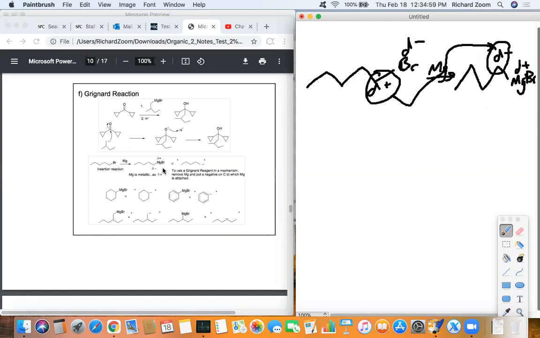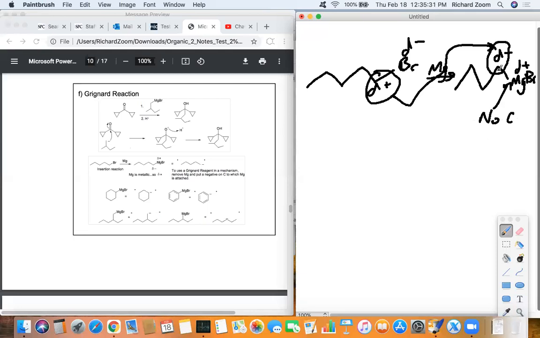Whenever I see a Grignard reagent, what I do is I take the MgBr off and I effectively put a negative charge on the C where the Mg was connected. So you can see that that's what I've done in each of these instances. You take off the MgBr, the negative charge is on the C. You've got to be a little bit careful here because there is no carbon at this point.